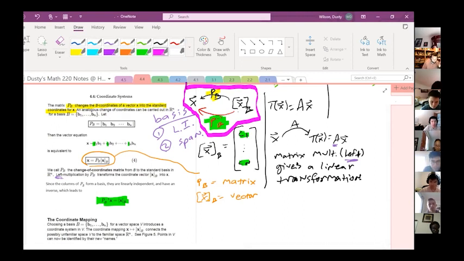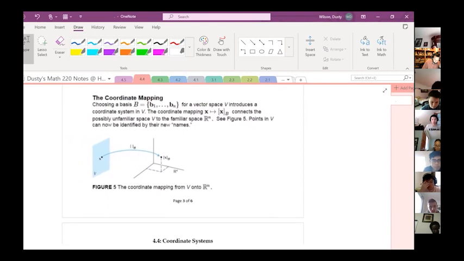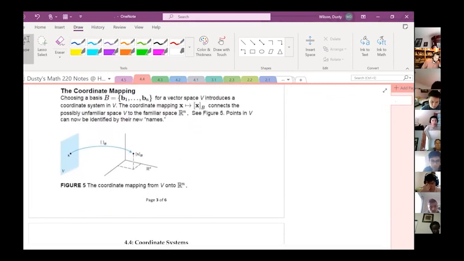So let's talk about coordinate mappings. Choosing a basis B equal to B1 through Bn for a vector space V introduces a coordinate system in V. The coordinate mapping X to XB connects this possibly unfamiliar space V to the familiar space Rn.